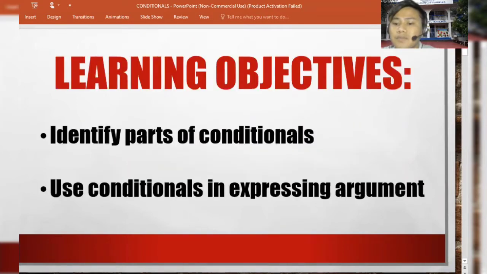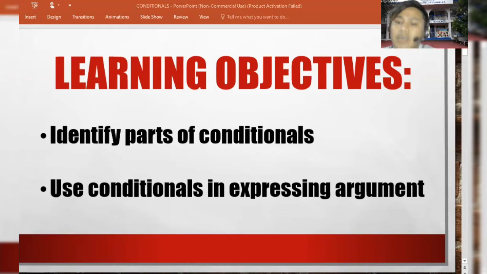So for us to be guided with our lesson for today, this lesson is actually focusing on the forms and the use of conditionals. As grammatical features, these conditionals are used in expressing your stand or arguments, which may be helpful in persuading others to move or act and even change their thoughts as an individual.